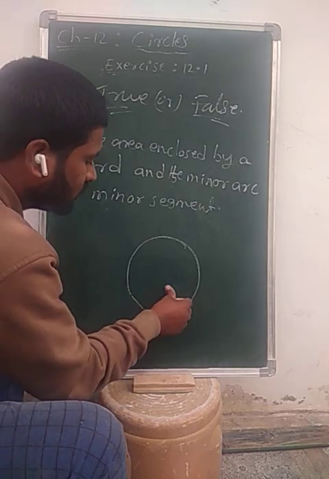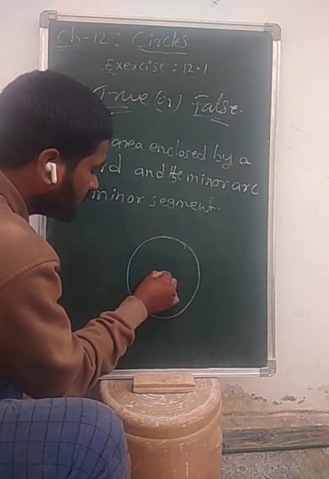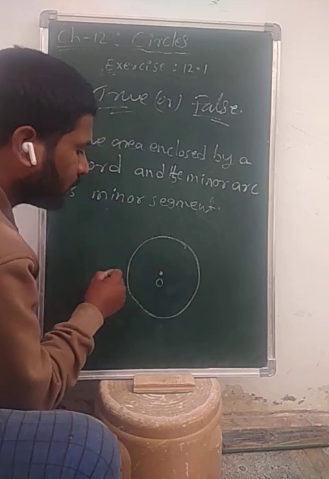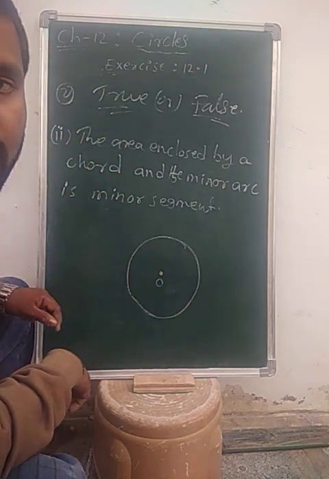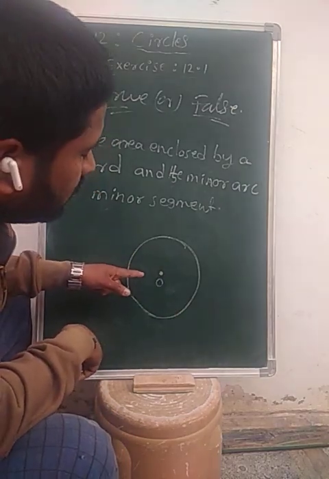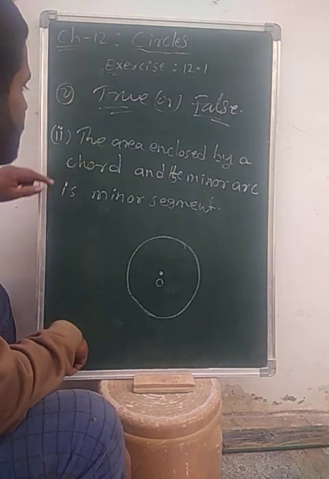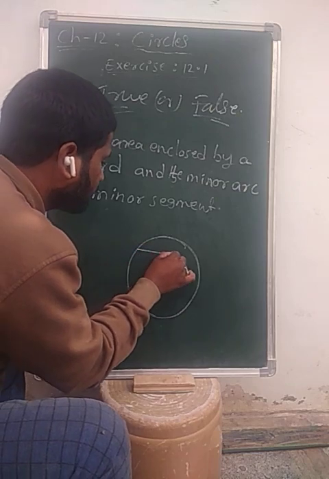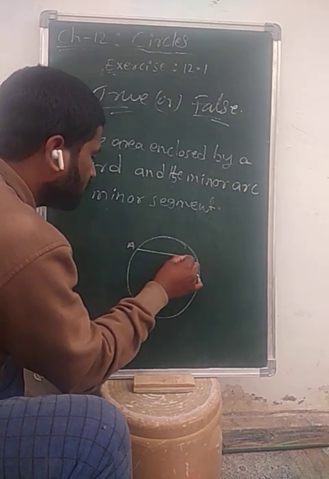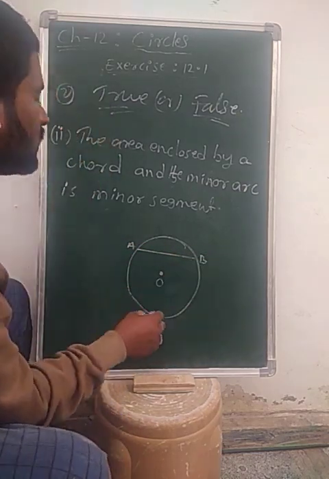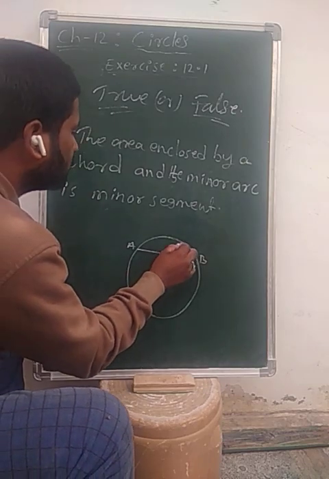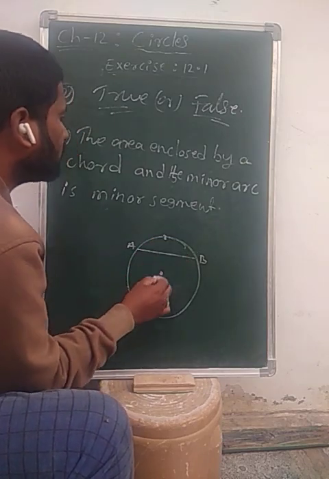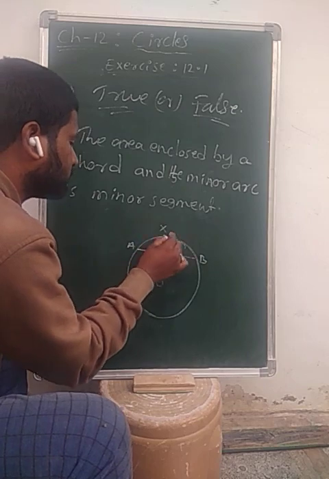A circle with center O. The area enclosed by a chord, joining 2 points on the circle, and the minor arc.